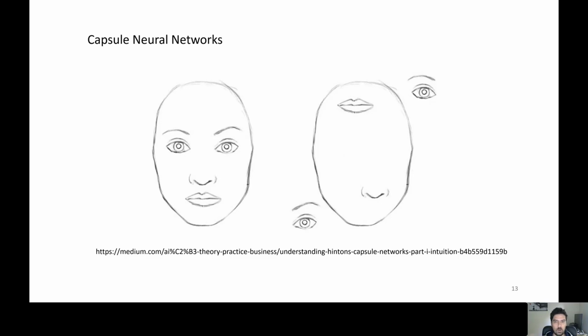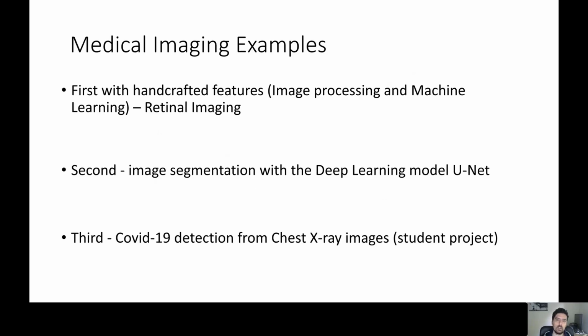So we have to have two eyes, one mouth, and one nose to be a face. But capsule networks put this spatial component into the learning phase, so that we say, you know what, for a face to be a face, the specific landmarks in our face have to be in a specific position. That constitutes a face. Otherwise, it's not. So that is one example where convolutional neural networks fail compared to capsule neural networks.